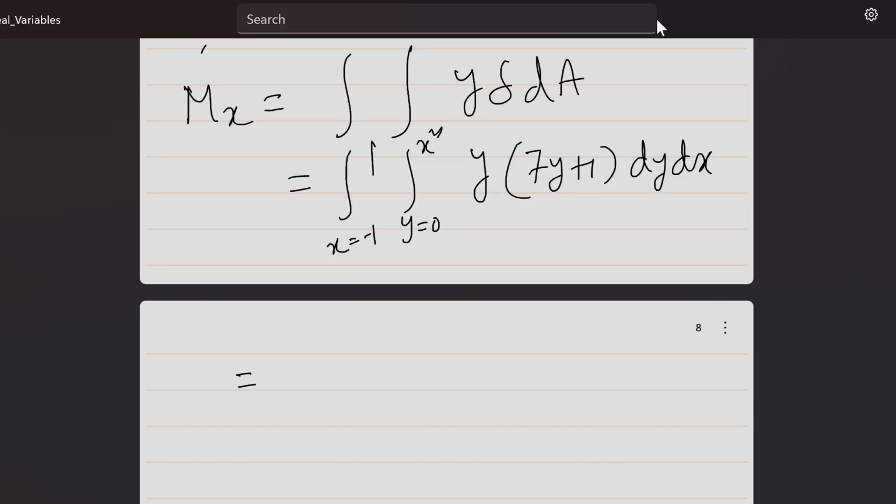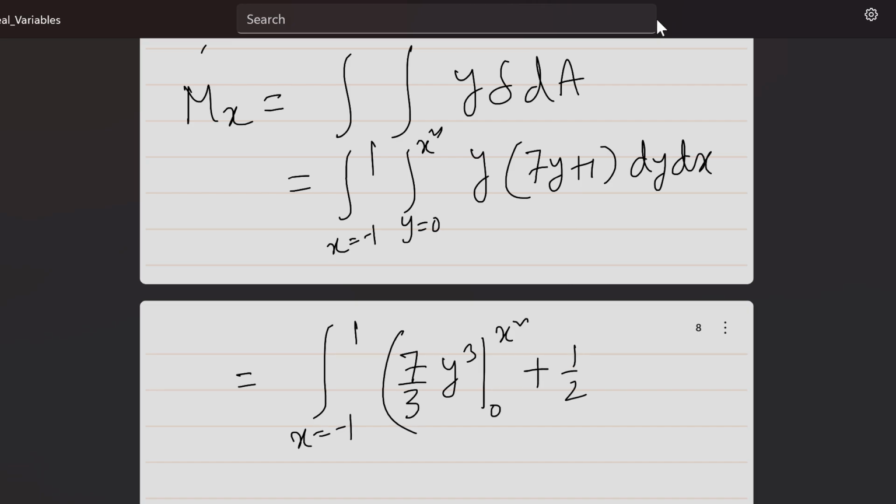Just calculate: it is 7 by 3 y cube plus half y square, from 0 to x square, dx.